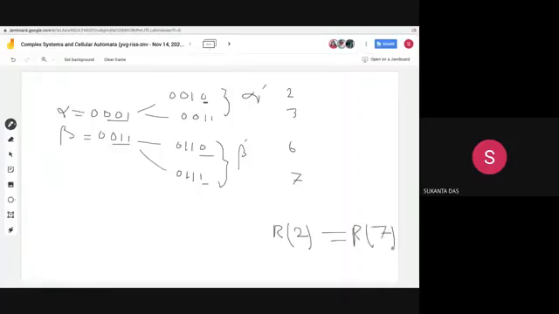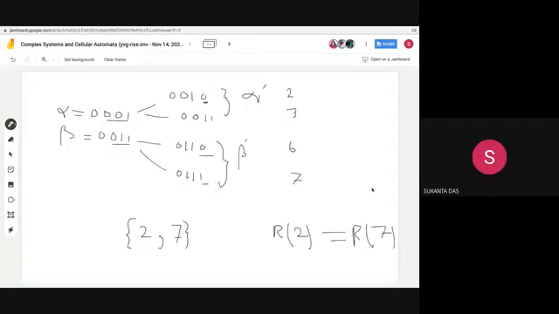Right? So therefore in my set alpha dash, I can get this 2 and 7, because they have the same R value.